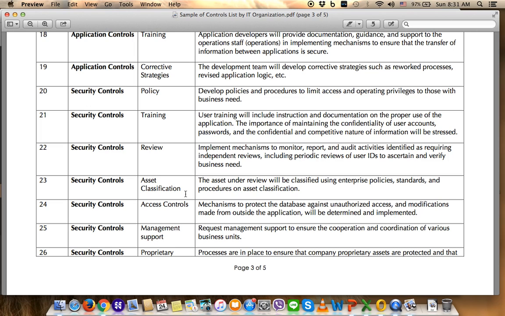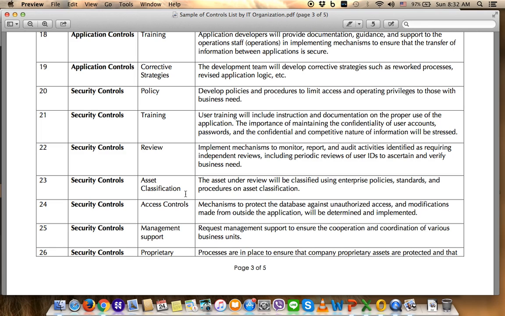And the training is required. User training will include instruction and documentation on the proper use of the application. So the importance of maintaining the confidentiality of the user account, password, and confidential and competitive nature of the information will be stressed.